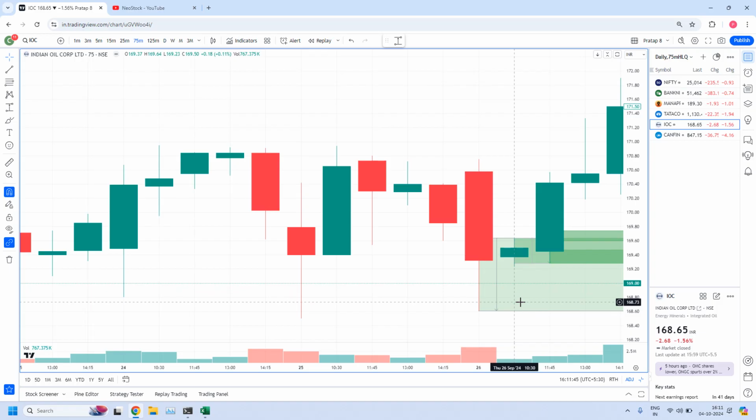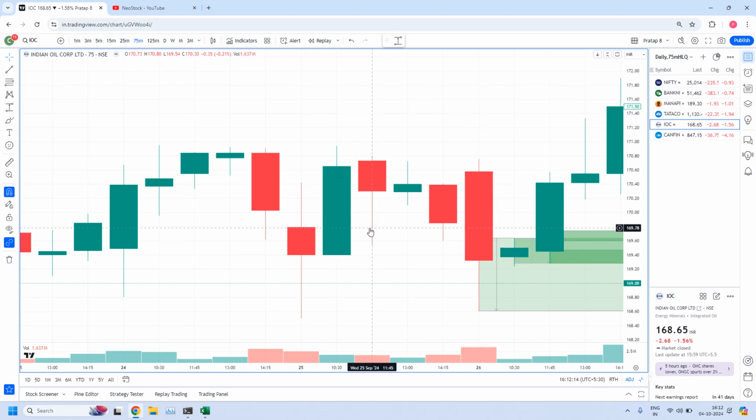So even with HTF confluence, that means this 75-minute zone is part of the daily zone, and both together, 75 minutes and daily, are part of the weekly zone. That is zone confluence: LTF, ITF, HTF. Not only that, the weekly zone, the HTF zone, trend is also uptrend.